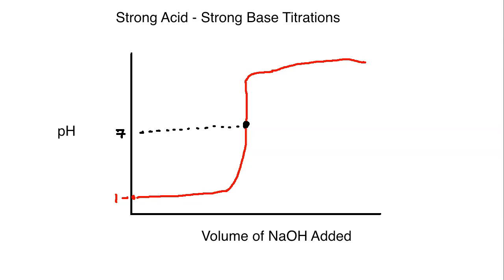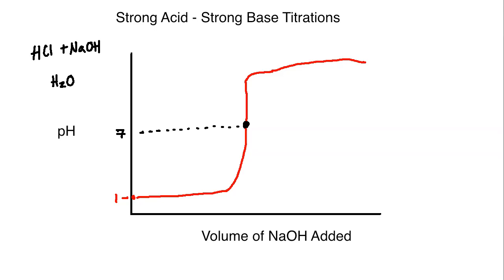And that would make sense when we have a strong acid and strong base. So again, in the example where we have HCl and NaOH, what we're going to produce is water, and water is neutral. It has a pH of 7. So this is exactly what we would expect in a situation like this.